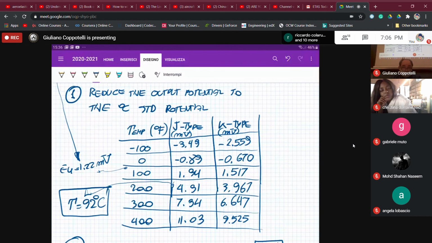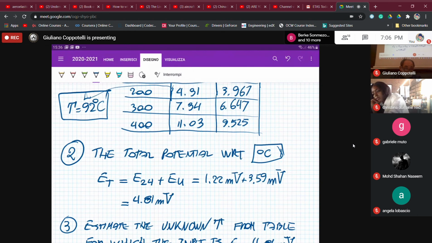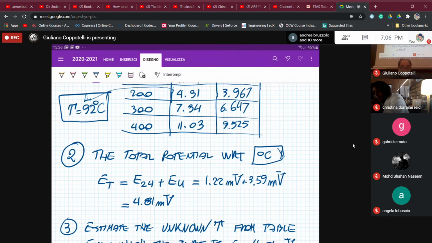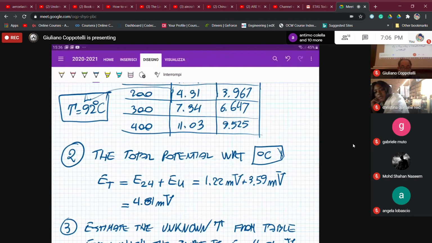Then, law of the intermediate temperature, I sum up these two potentials. So the overall potential of that thermocouple, having the cold temperature at 0 degree and the hot temperature at the unknown temperature, is the sum of the two output potentials, E24 plus EU, what I call that. The result now is the output tension of 4.81 millivolts. Last step, the third one, is the estimate of the temperature.